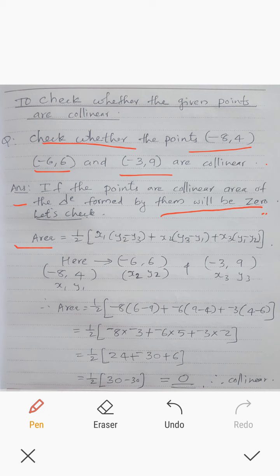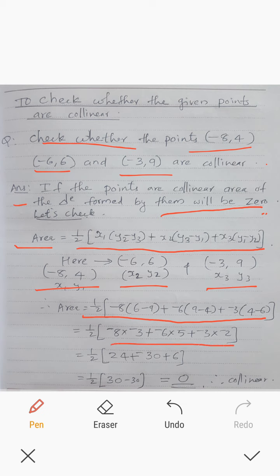Let's check. Area equal to half of x1 into y2 minus y3, plus x2 into y3 minus y1, plus x3 into y1 minus y2. Here x1, y1 is 8, 4, x2, y2 is minus 6, 6 and x3, y3 is minus 3, 9. Substituting the values of x1, y1, x2, y2, x3, y3 in this formula, we will get half of 8 into minus 3, minus 6 into 5, plus minus 3 into minus 2.